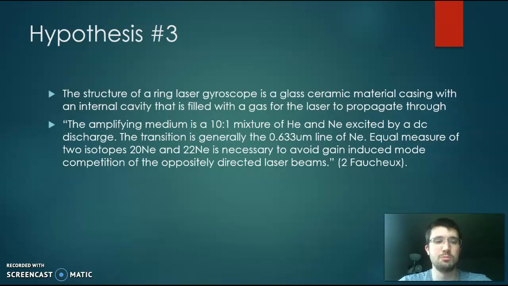He calls out two specific isotopes of neon that are necessary to provide the best quality laser. If you have a poor quality laser, you can't discern that phase difference as well, and that leads to irregularities in the measurements and calculations, and you don't always get as precise a value as you could.